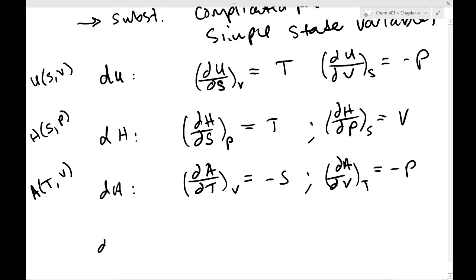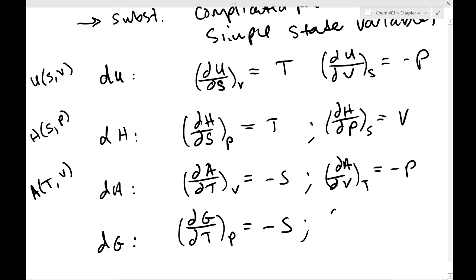And then finally, dG. The partial of G with respect to temperature at constant pressure is equal to negative S.